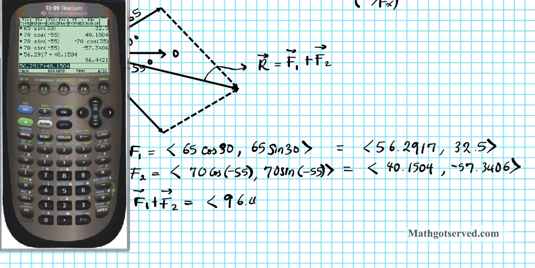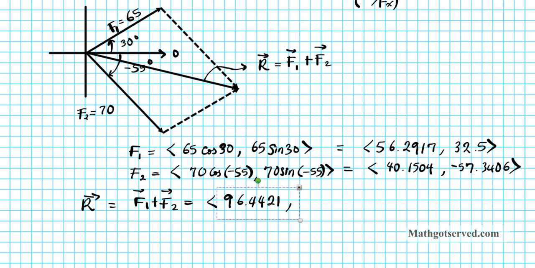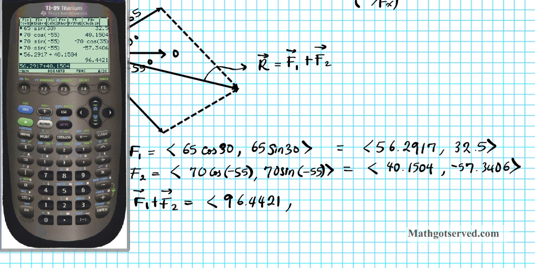We're doing 32.5 plus negative 57.3406. Alright, so that's the y component of our resultant vector. So that is, let's write that down again, negative 24.8406. Alright, now let's find the magnitude.